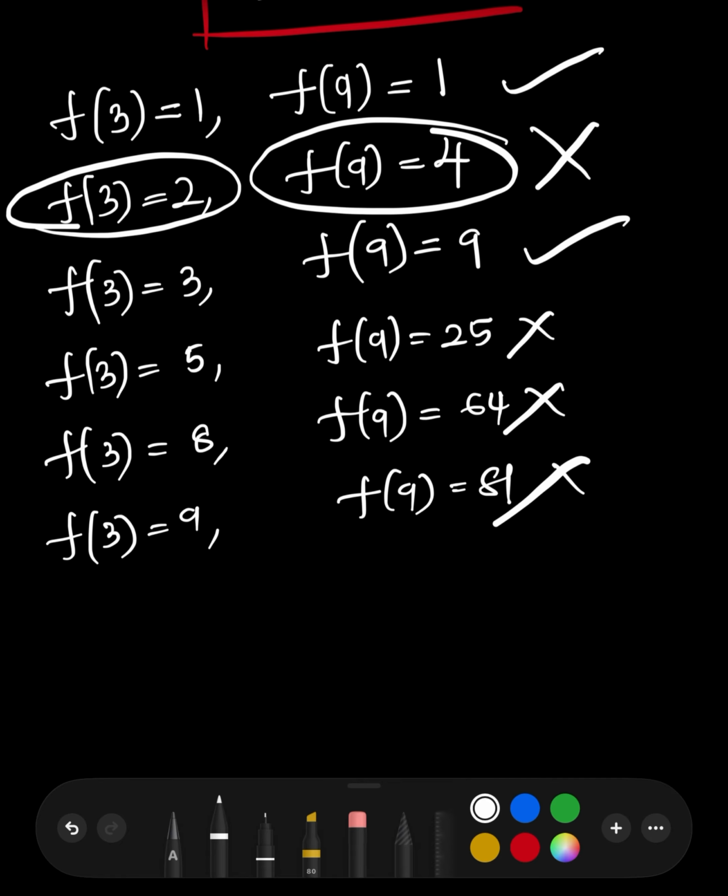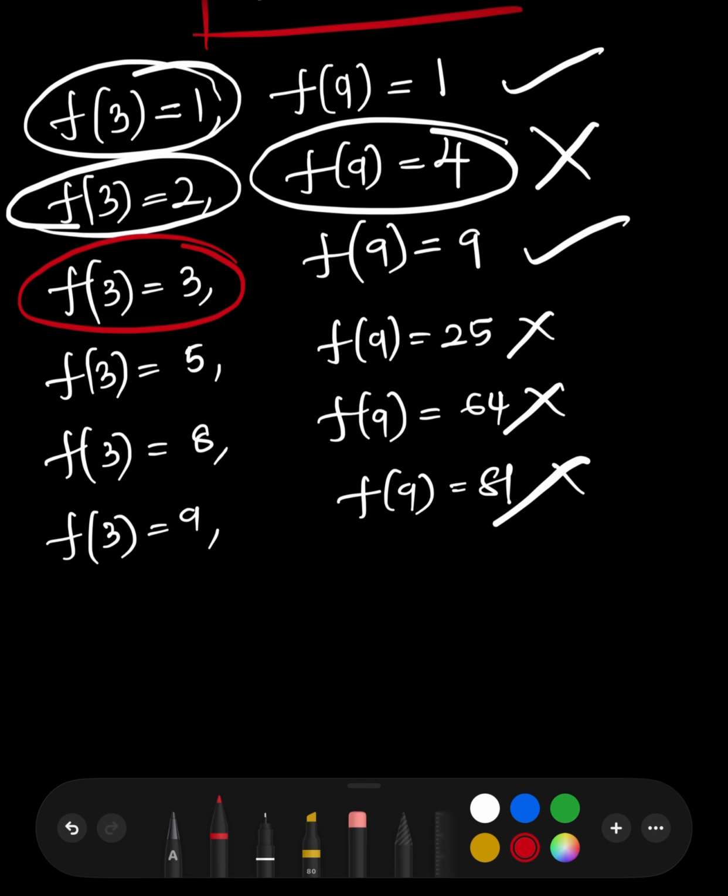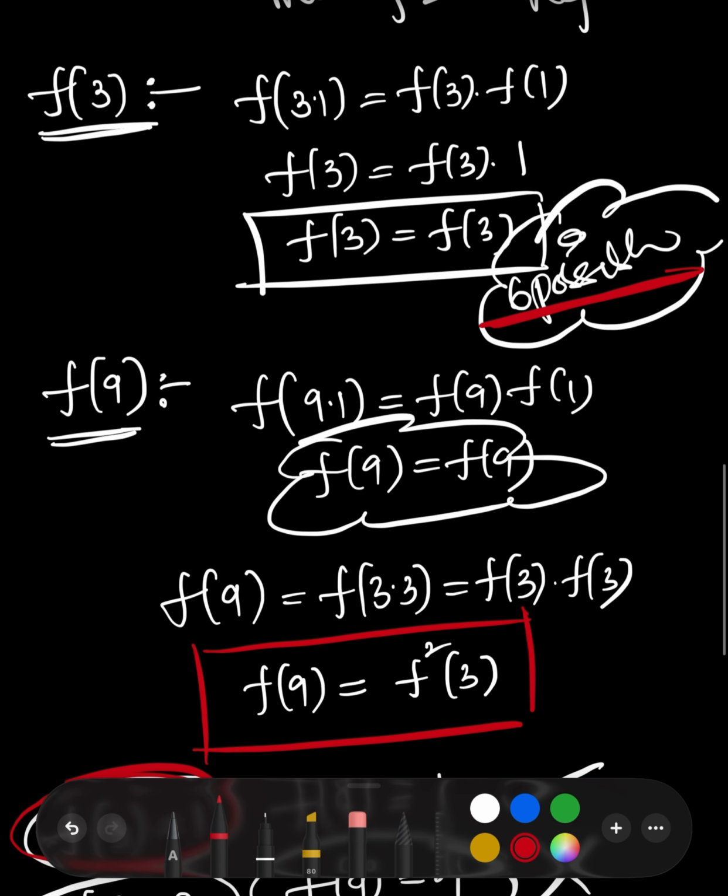So clearly, the possibilities of f of 3 are 1 and 3 only. Because if f of 3 equals 1, then only f of 9 will exist; if f of 3 equals 3, then only f of 9 will exist. So what we previously thought, 6 cases, is wrong.